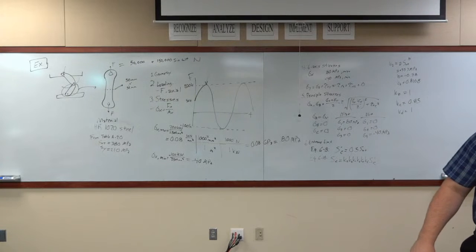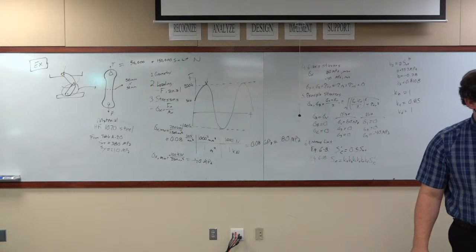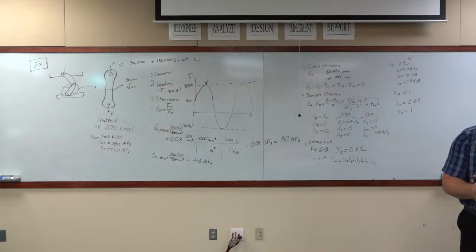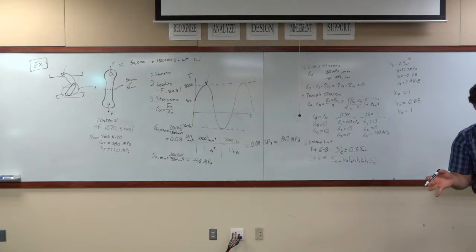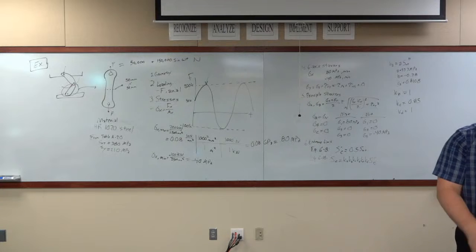Then we go to Ke. Ke is the reliability factor. What reliability do you want for this component? Do you want it to be 50% reliable? What that means is that if you have fatigue loading near failure limit, then 50% of the components would fail. If you have a reliability of 90%, means 10% of those components being loaded near the endurance limit are going to fail.